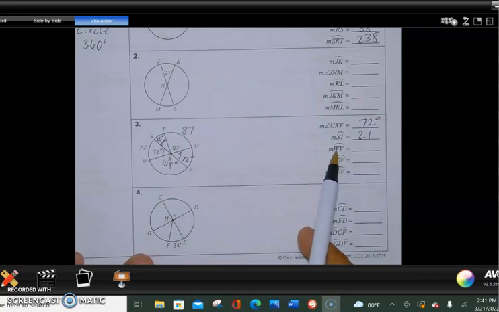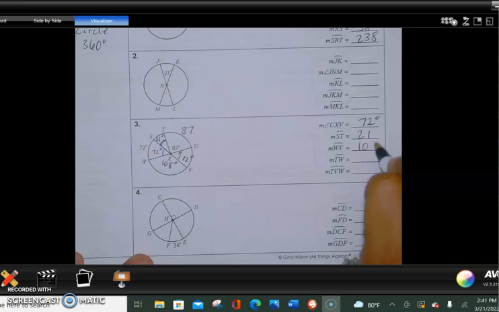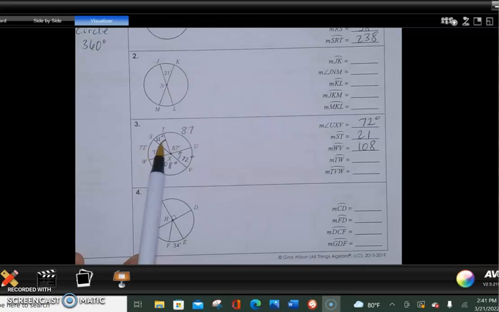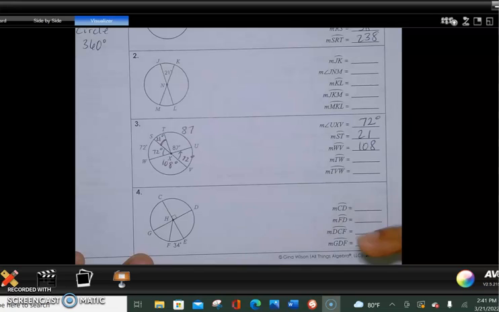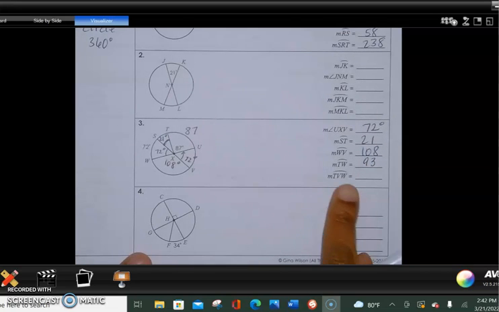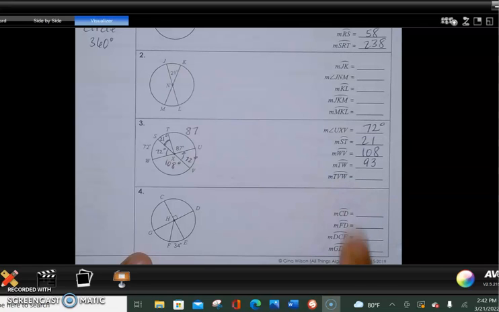Then they want arc length WV. So from W here to V is 108. TW, from T out to W, so I'm going to add 72 and 21, which is 93. Remember, I'm not putting a degree measure. And then here for the arc TVW.